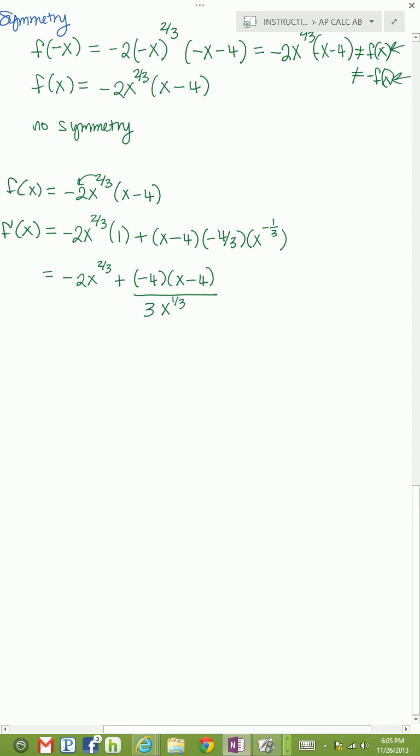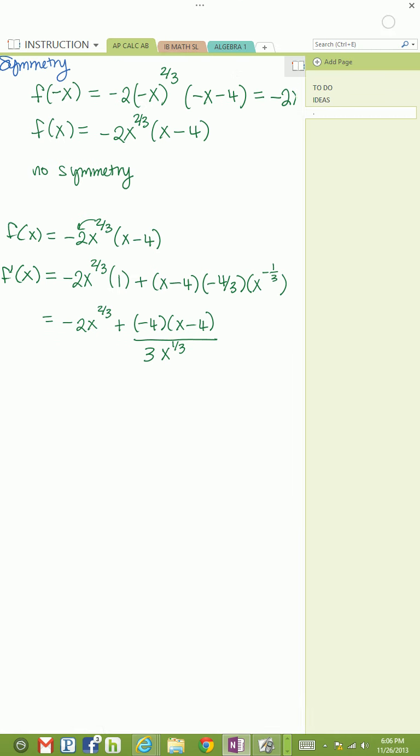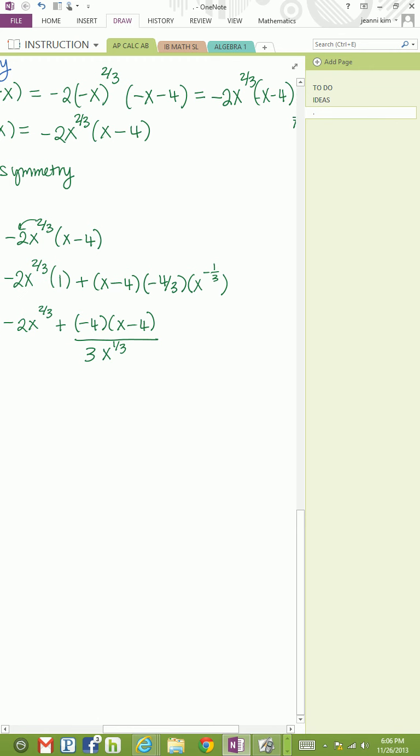And then to get my common denominator, I'm going to first see, does this 3 cancel? It does not. So my common denominator would be if I multiply this guy by this whole denominator, so 3x to the 1/3 over 3x to the 1/3.